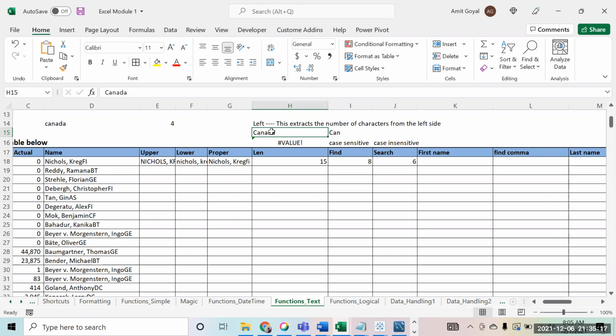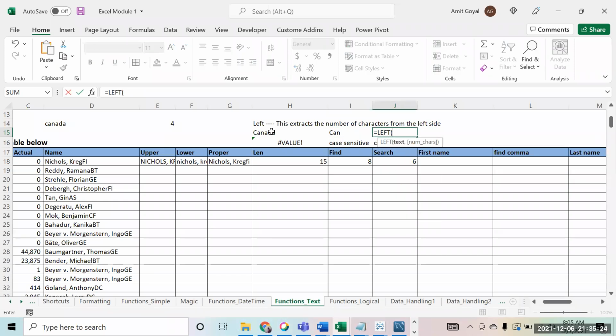So when I'm saying left, I want 3, so it gives me the first 3 characters. If I say equal to left, this is the text, and I say 4, it will give me the first 4 characters.